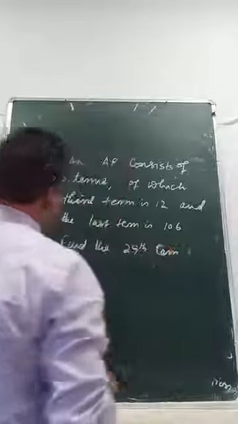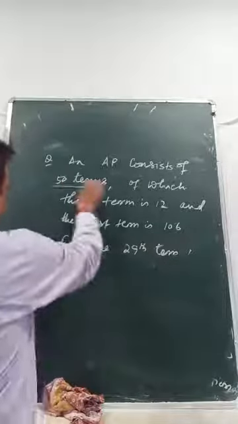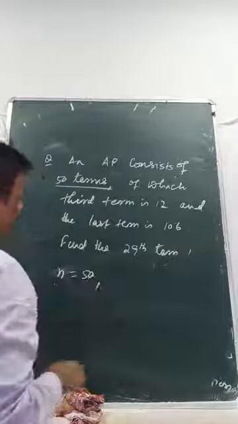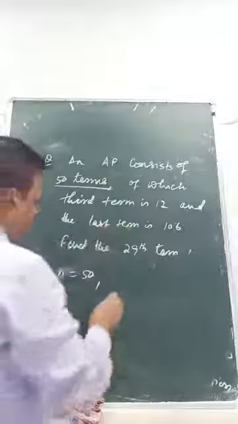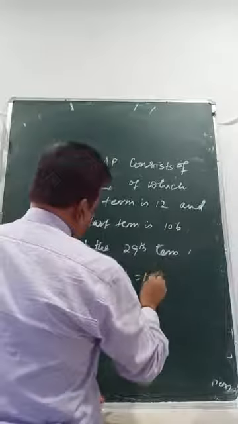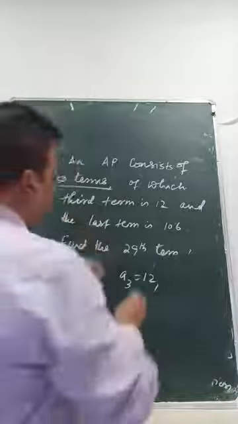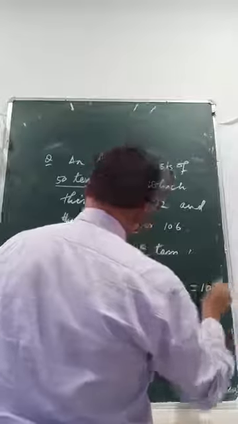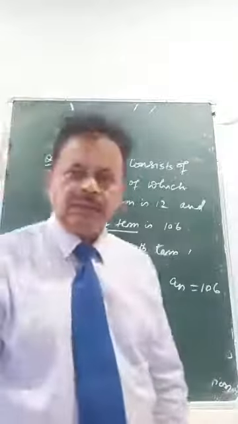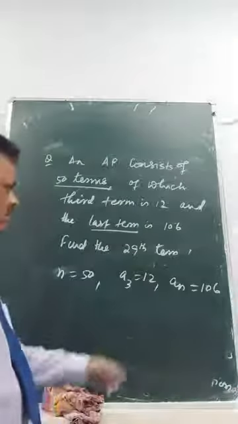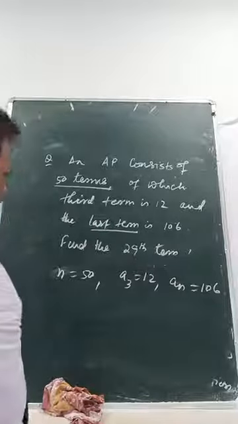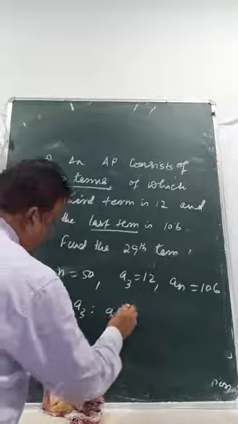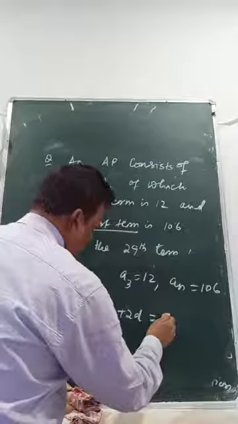Not so difficult. Consists of 50 terms means n equals 50. Third term is 12, so A3 equals 12. Last term means an equals 106. Then what is the common difference? First define it. A3 means A plus 2D equals 12.